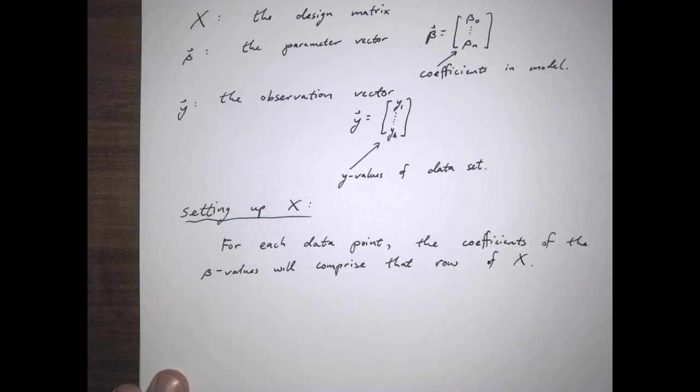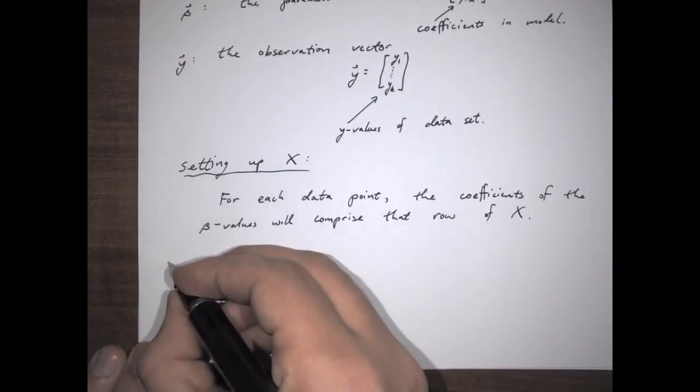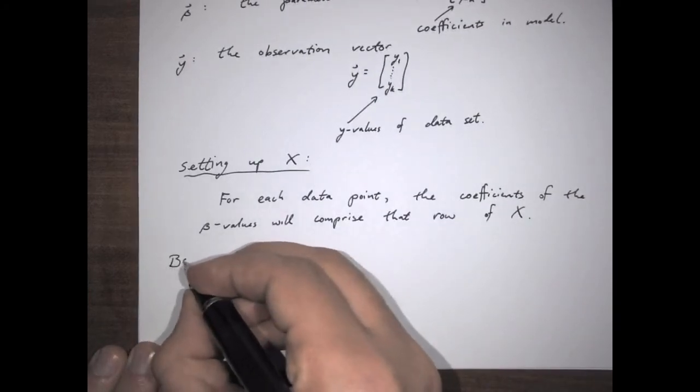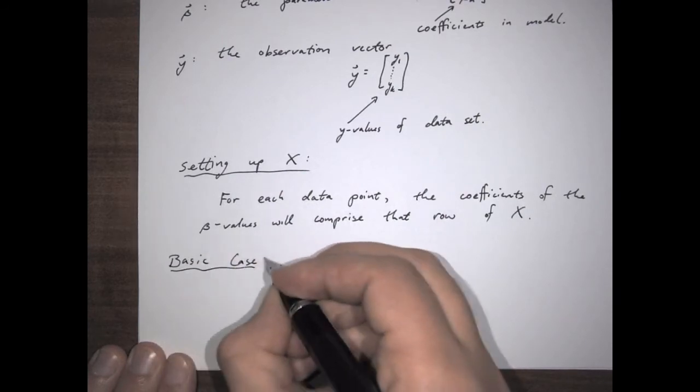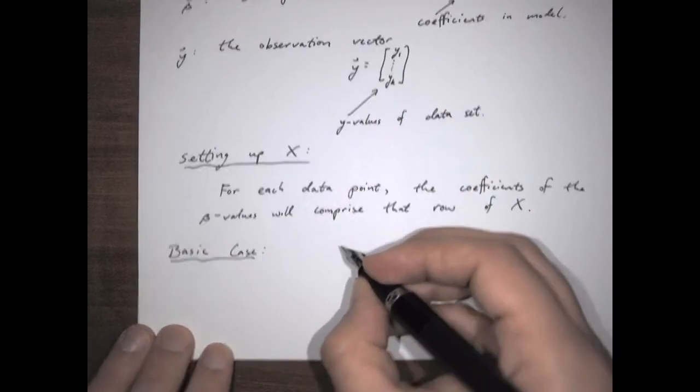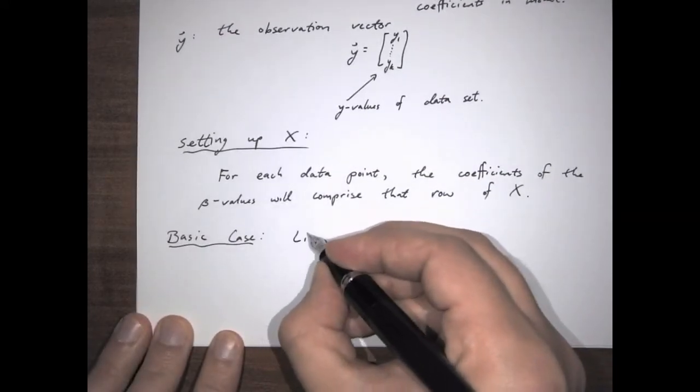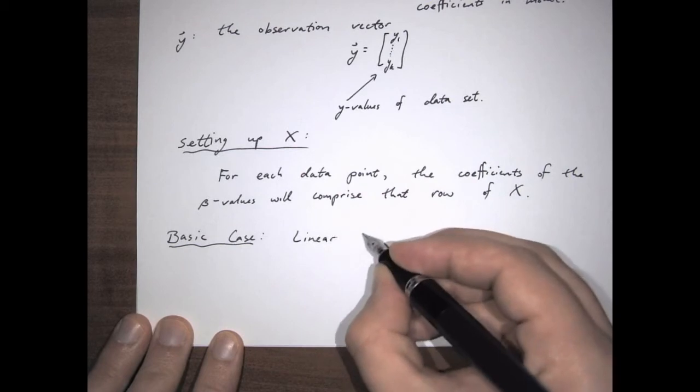So the most basic case is linear regression, where we're just finding a line.